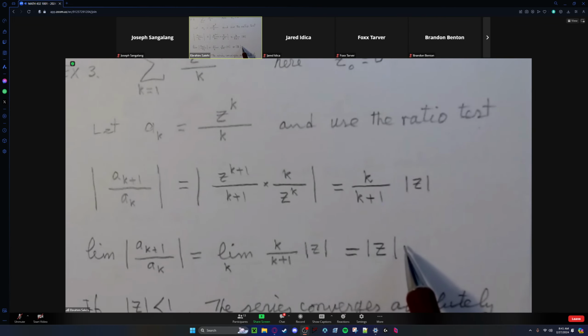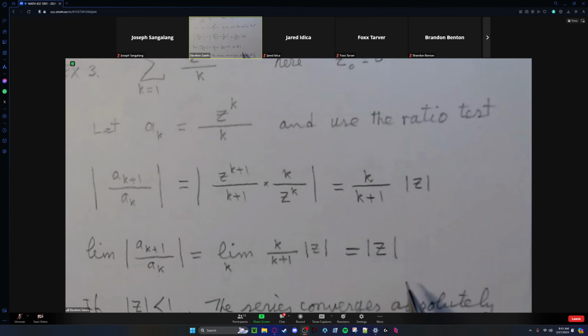So the limit of the ratio test is the modulus of Z. If this L is less than 1, that infinite series converges absolutely. But if the modulus of Z is bigger than 1, it diverges.